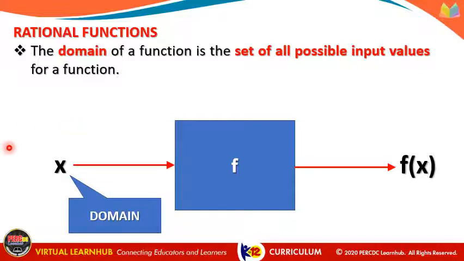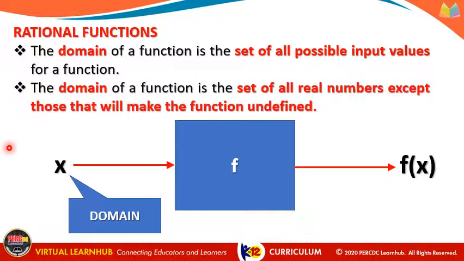Kaya nga 'di ba, meron tayong pangalawang definition sa domain. And I believe ito yung naging basihan natin sa pagsosolve ng domain ng rational functions last time. So hindi ba, the domain of a function is the set of all real numbers except those that will make the function undefined. Ang domain ng isang function involves lahat ng real numbers maliban sa mga numbers na gagawin nilang undefined yung function. 'Di ba?